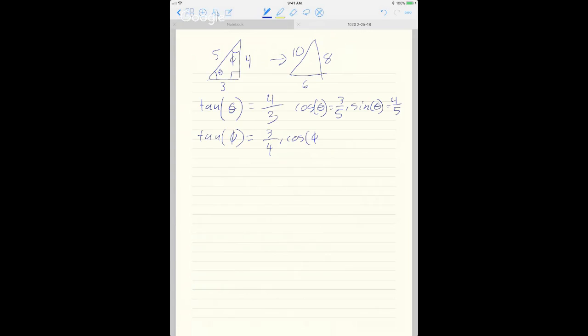Cosine of phi is 4 over 5. Sine of phi is 3 over 5. So you see, when we switch our perspective, we switch our ratios.